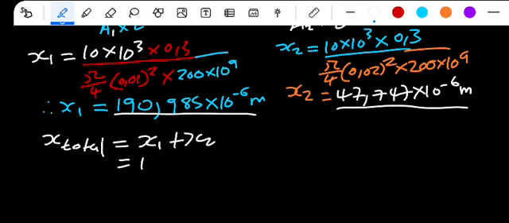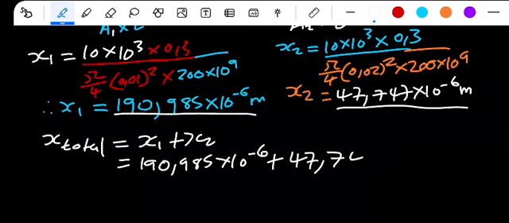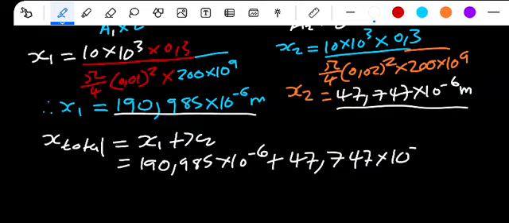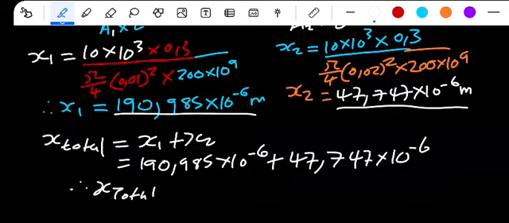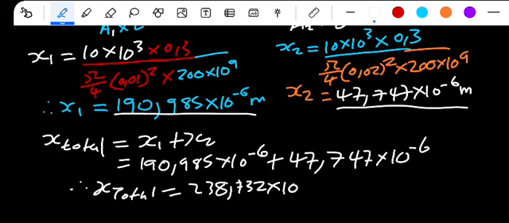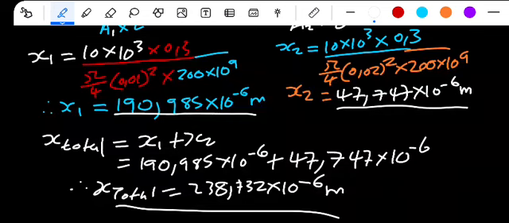We have x1, 190.985 times 10 to the power of minus 6, plus extension 2, 47.747 times 10 to the power of minus 6. Therefore, our total extension will be equal to 238.732 times 10 to the power of minus 6 meter. This is our total extension.